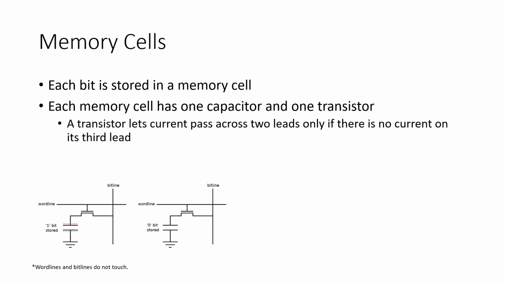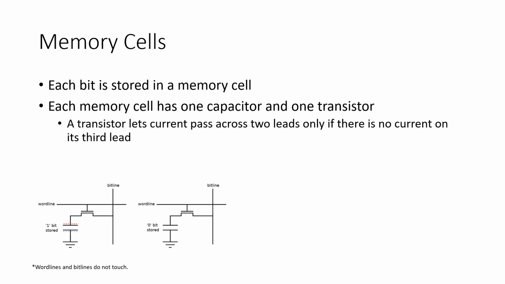If a bit line is charged while a word line is charged, then the current flows from the bit line across the open transistor and across the capacitor, charging it. Then the word line is turned off and the transistor closes, which causes the capacitor to stay charged after the bit line turns off.